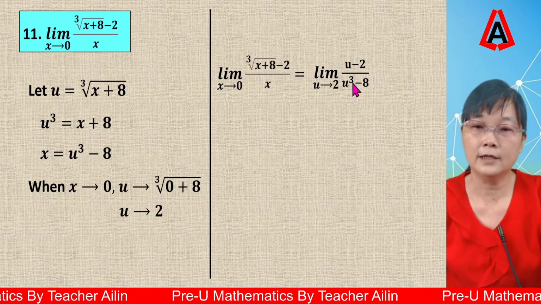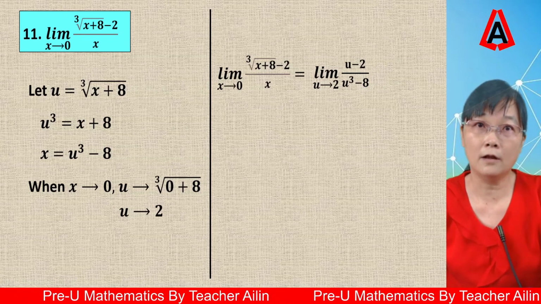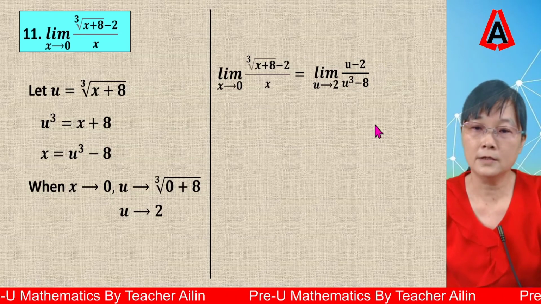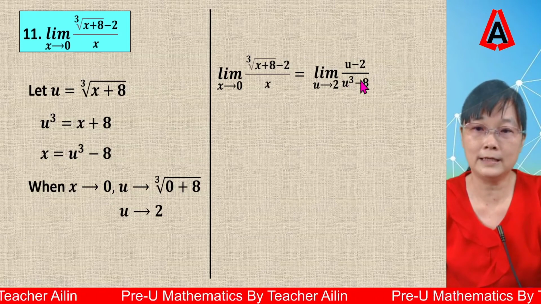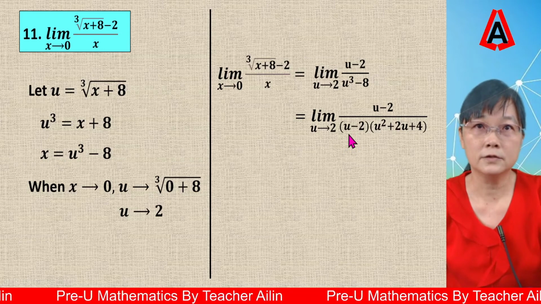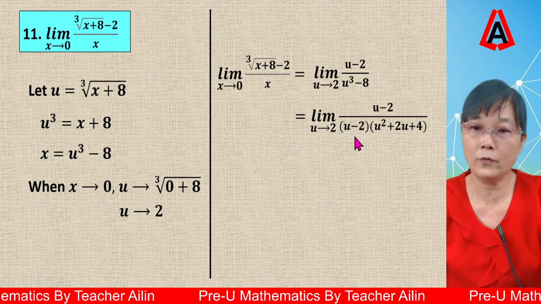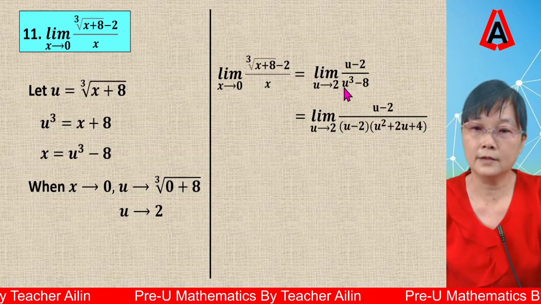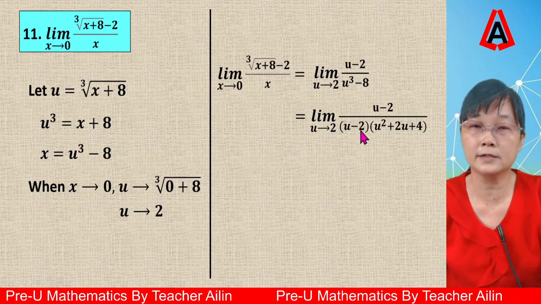Now to find the limit for this function, you can use L'Hopital's rule. But here, I'm going to factorize the denominator. According to the factor theorem that you have learned in Sem 1, one of the factors of u power 3 minus 8 is u minus 2.